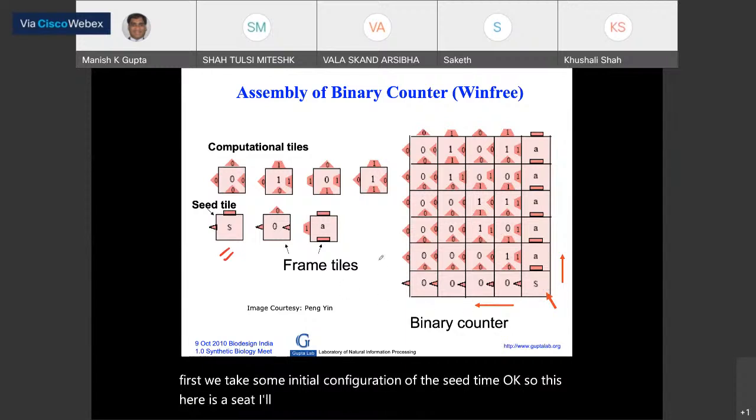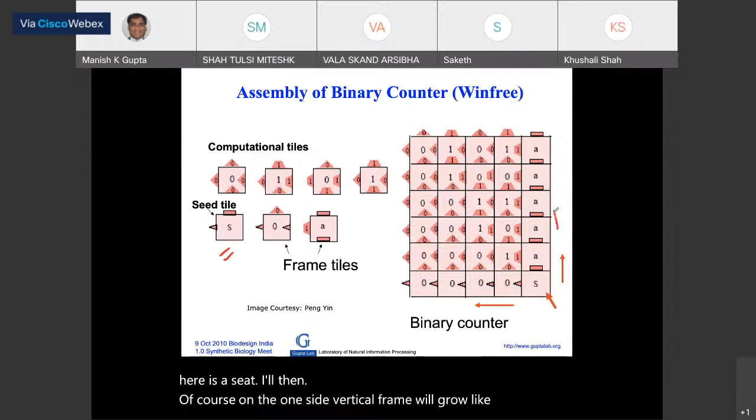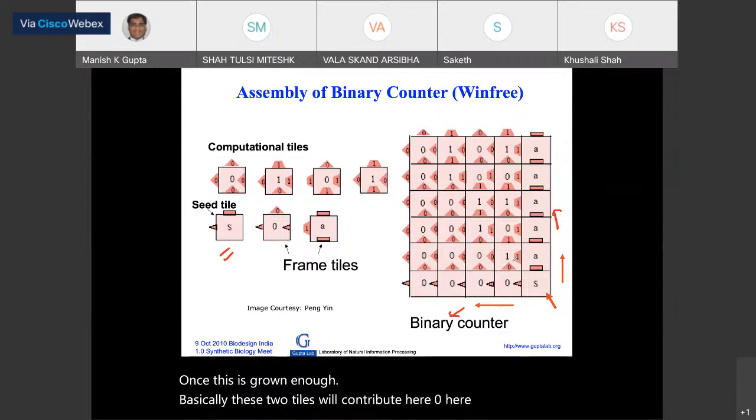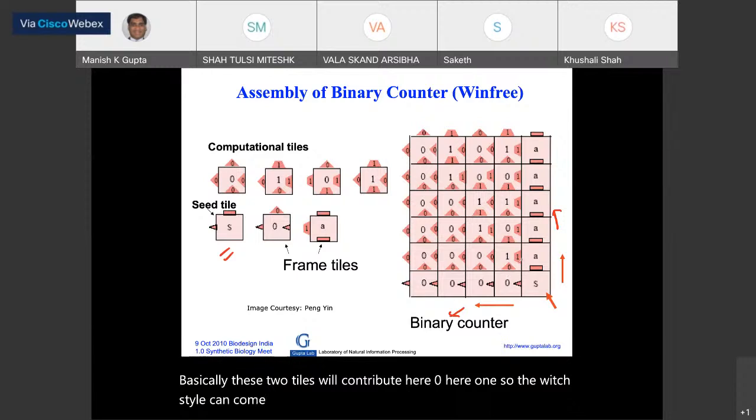Then on one side the vertical frame will grow like this, and on this side the horizontal frame will grow. Once this is grown enough, these two tiles will contribute here 0, here 1. So which tile can come here where there is 0 on this side and 1 on this side? You clearly see that only this tile will fit here.